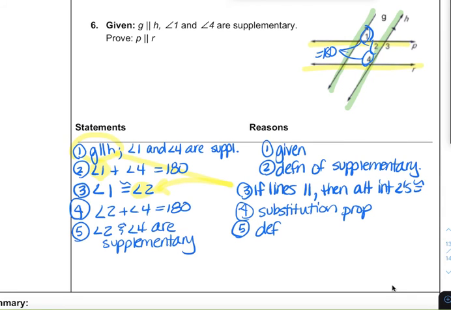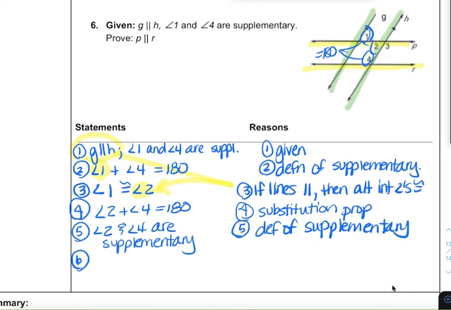I substitute with equations. I use the transitive property with equations. All the equality properties of congruence and equalities, all of those math properties, the algebraic properties, we use with that. Okay, and so I have to go back and say that they're supplementary now, and here's why.